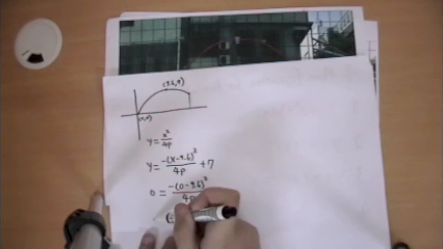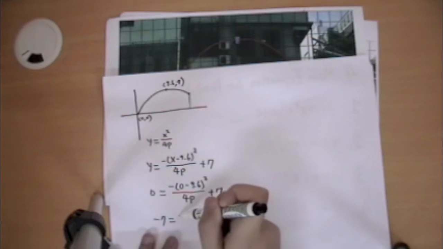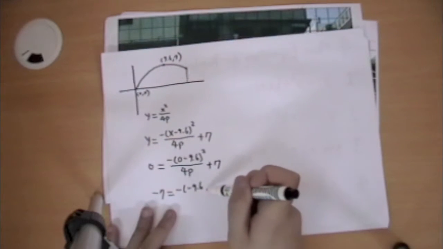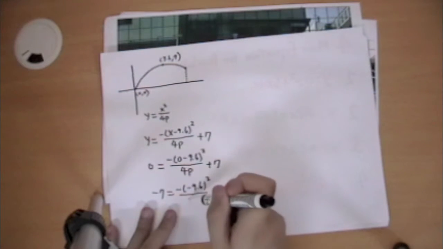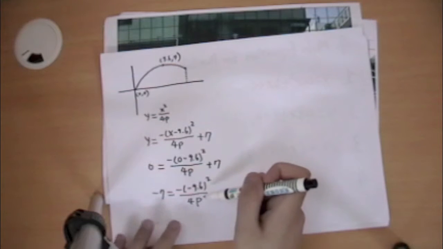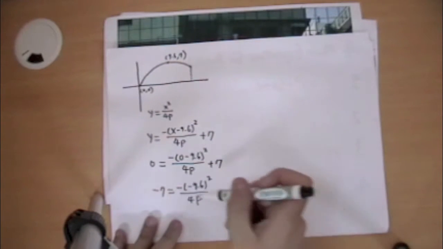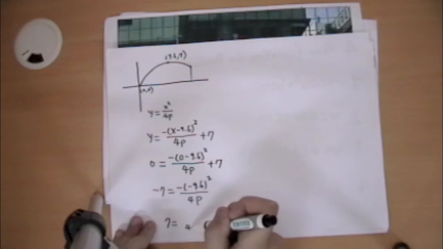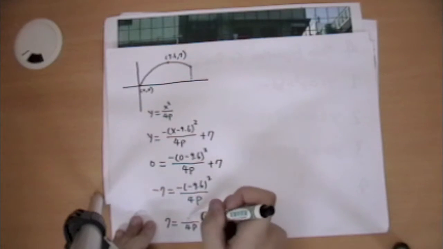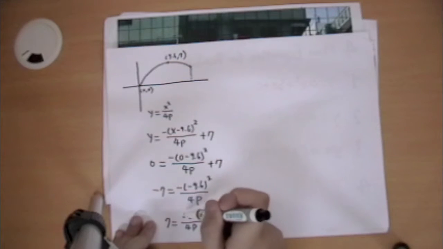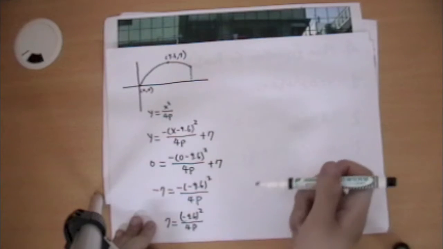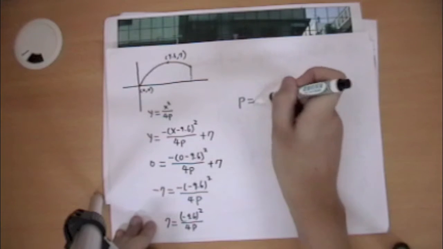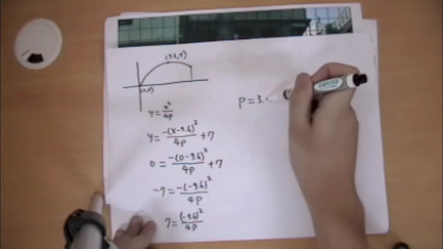We'll get negative 7 equals negative 9.6 squared over 4p. Since both sides have a negative sign, we can just cancel out, so we'll get 7 equals 9.6 squared over 4p. After solving, we'll get p equals 3.29.